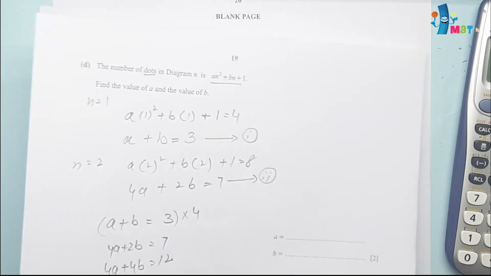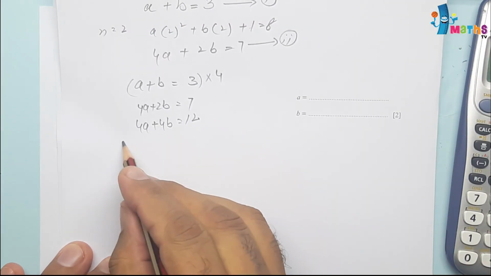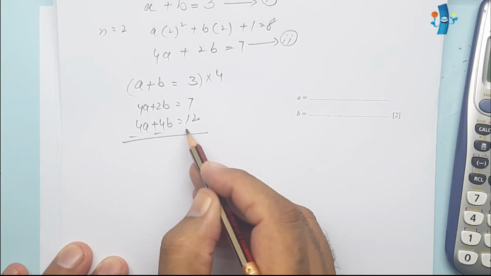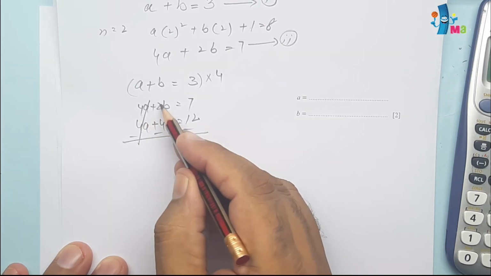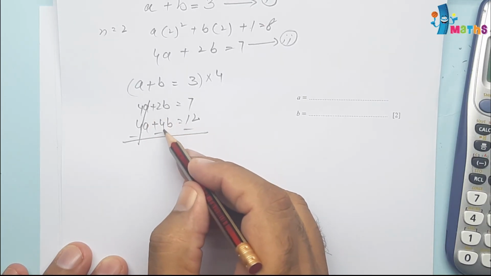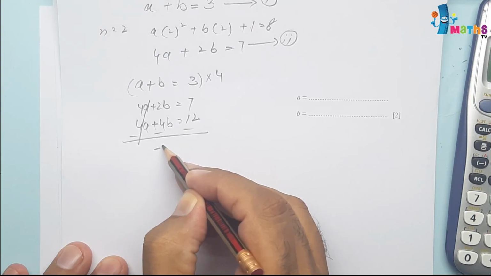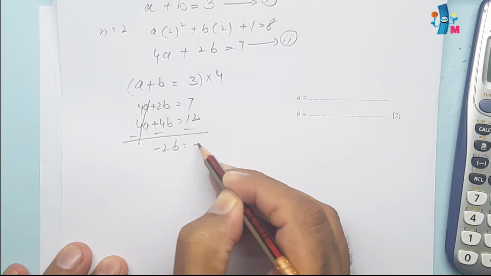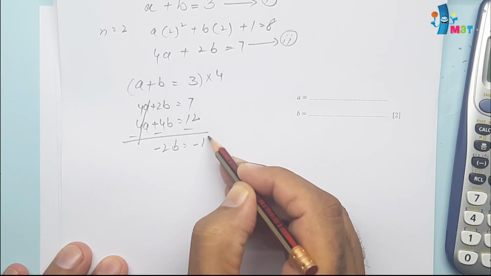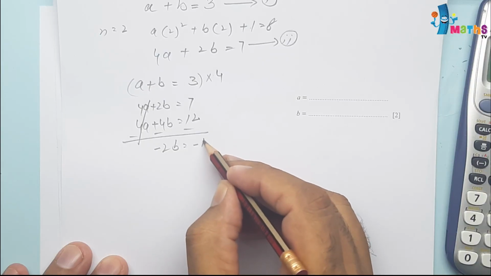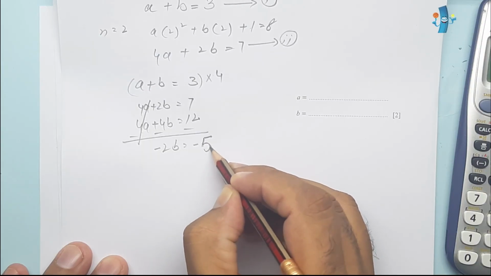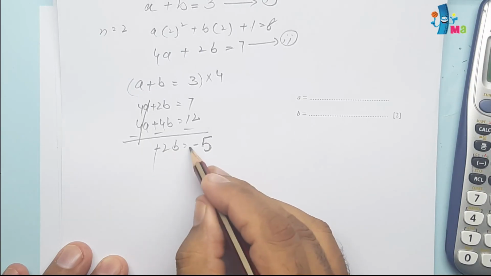Subtraction will change the sign, so this will be cancelled, and this will be minus 2b is equal to minus 5. So minus will be cancelled.